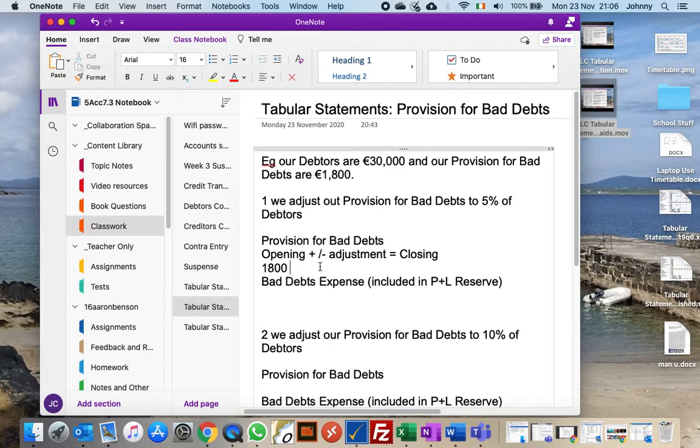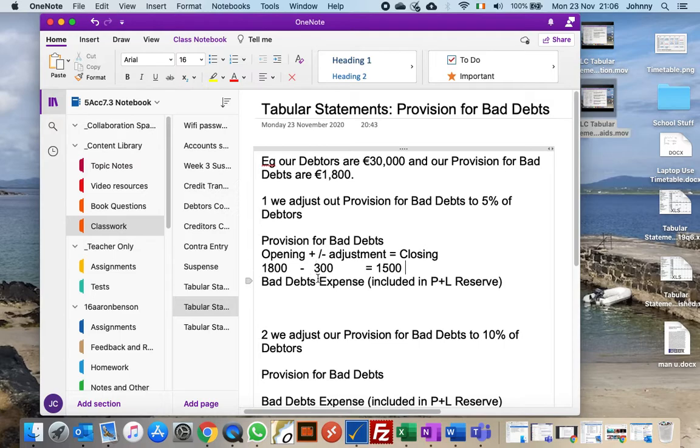So that means we'll need to take away 300. 1,800 subtract 300 gives us the closing figure that we're looking for, which is 1,500. Okay, so remember that 1,500 is 5% of that.